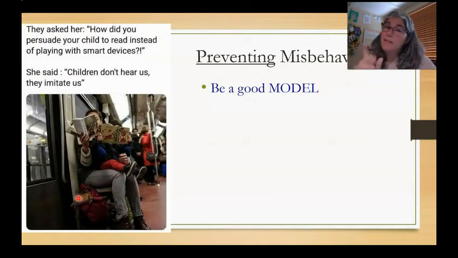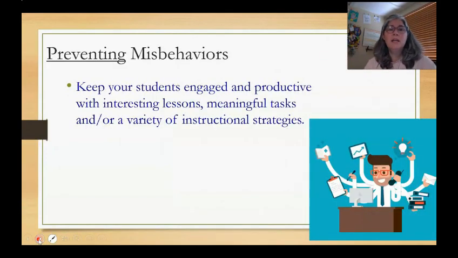Because basically what we've seen from social cognitive theory is students imitate their teachers. Children imitate their parents more so than they listen to us. So be a good model. Also, keep your students engaged. Remember, with intrinsic motivation, we talked about the need for arousal. Students need to be mentally stimulated.